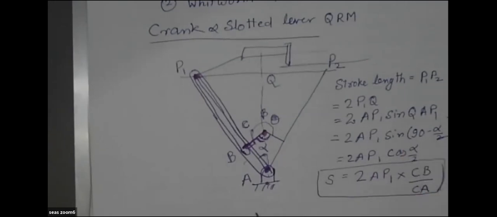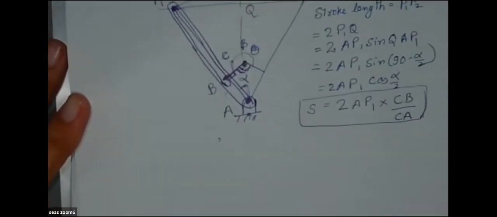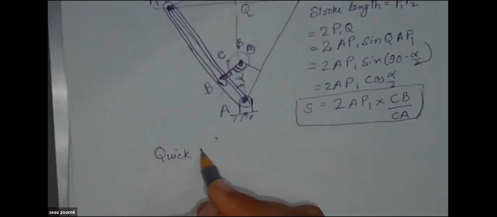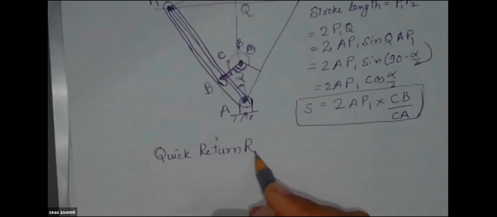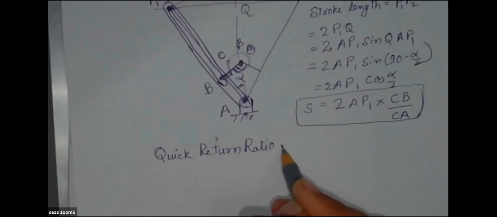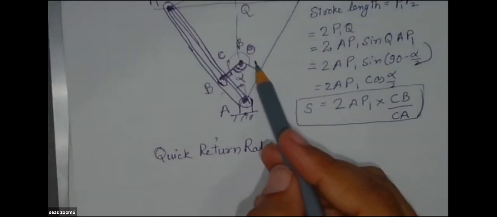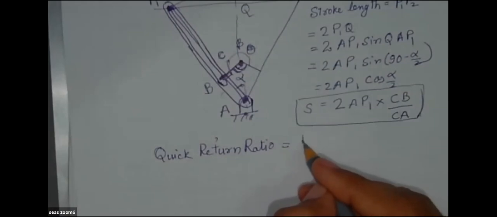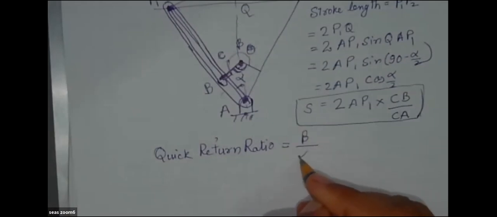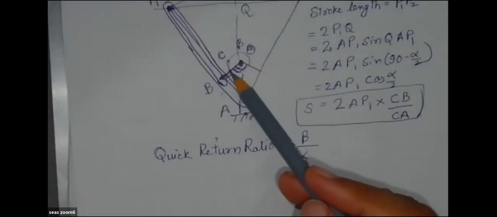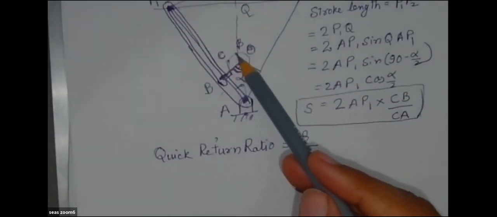The quick return ratio will be cutting stroke, which is beta here, over return stroke, alpha. Why am I saying beta is the cutting stroke? Because beta is the larger one.